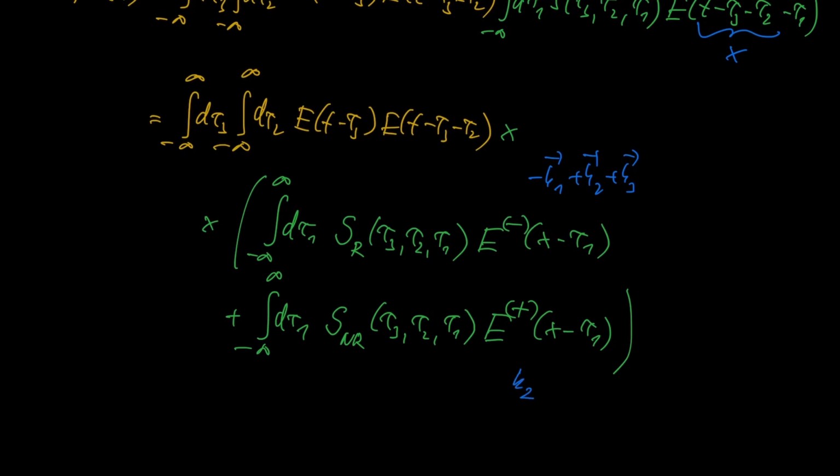So we have k2 minus k1 plus k3. I'm now really respecting the order. This is 1, 2, 3, and this is 2, 1, 3 order of the pulses. It's the first interaction, but now the question is which part of the pulse will be the first. So in this situation here, this is the rephasing situation.